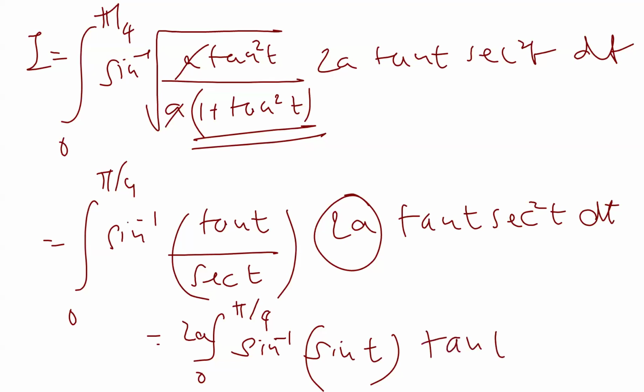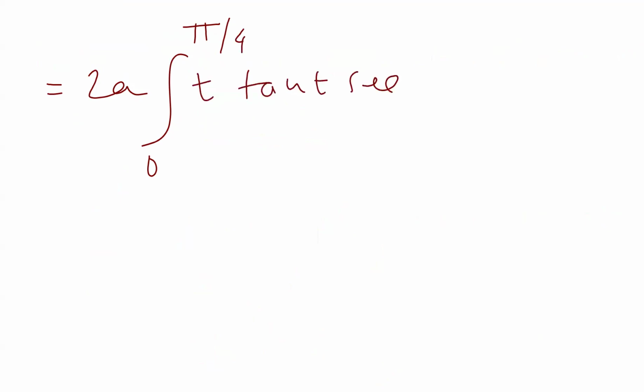And this is tan t sec square t dt. So sine inverse and sine is gone. So t tan t sec square t. 2a, 0 to pi by 4, t tan t sec square t dt. Okay.